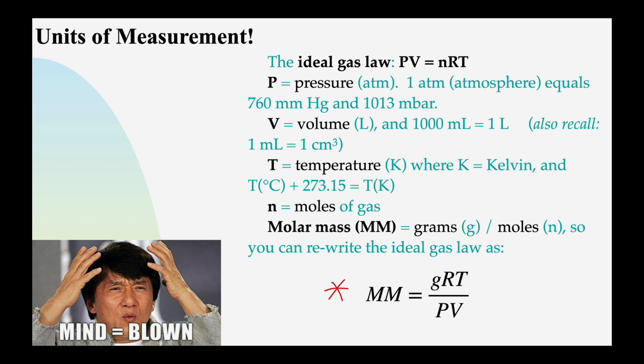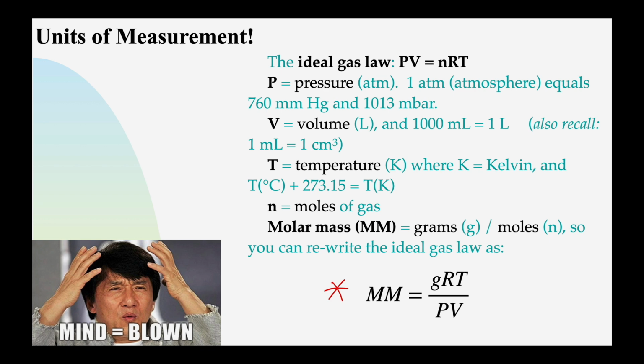It doesn't matter which path you use: you can solve for n equals PV over RT and then molar mass as grams over moles, or you can just do it all in one step. Any way you want to do it, totally cool. I am the lazy chemist, and I will try to introduce as many of these time-saving techniques as possible, but feel free to use or discard them as you see fit.